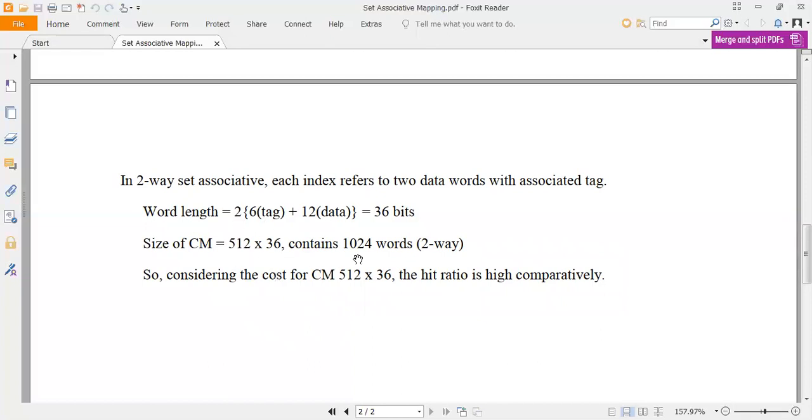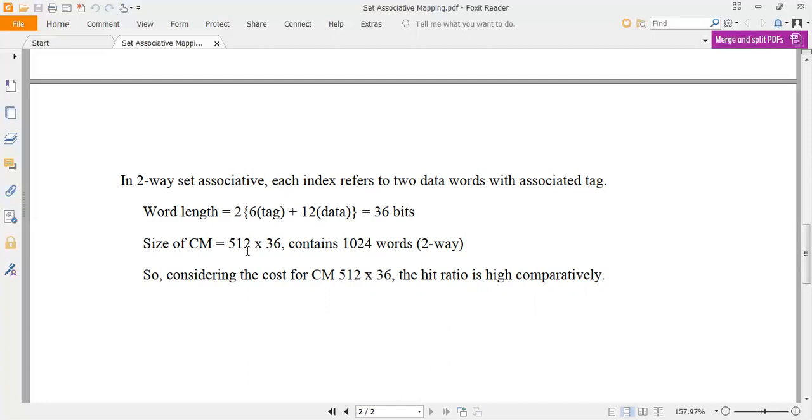So it contains 1024 words. How? Because each index or address in cache memory stores two data with different tags. This is an example of two-way set associative. So rather than storing 512 data at 512 addresses, I am storing 1024 data at 512 addresses. That means I have doubled the data.